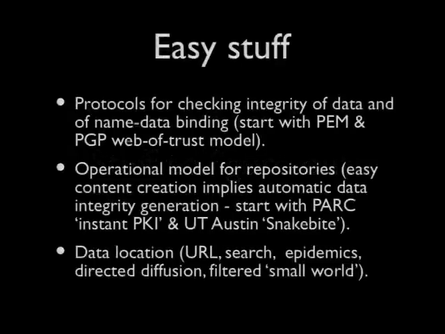So there's a little bit of stuff to figure out in order to do this. There's some stuff that's probably pretty easy because it's all been done. One is being able to check the integrity of data just based on the data. Well, that's something that we had to figure out for privacy-enhanced mail.